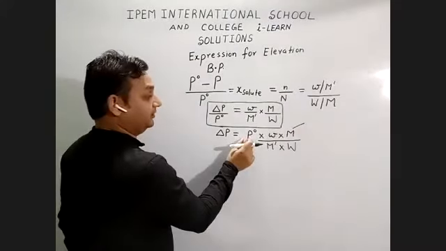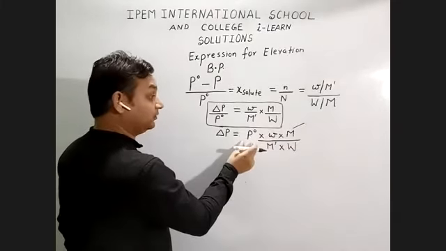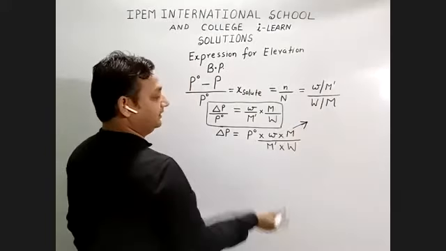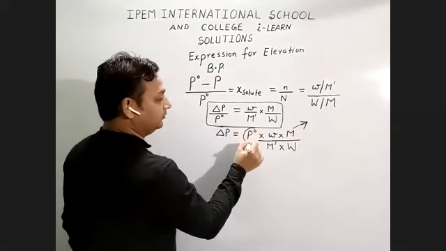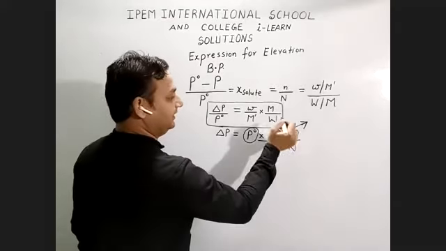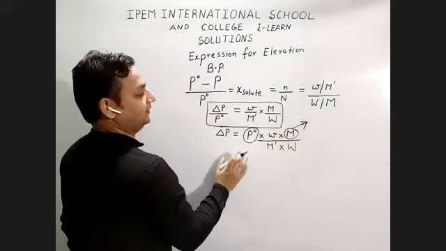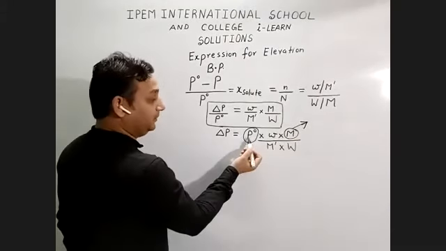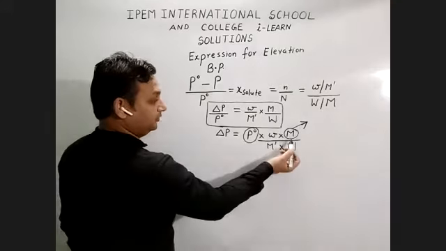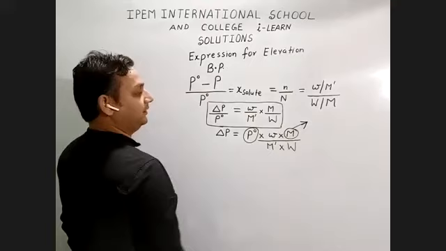This is the vapor pressure of the solvent, and this is the molar mass of the solvent. We talk about the pure solvent. So for any pure solvent, this P naught value, say for water, it is fixed. Water is 18. So these two, the molar mass and P naught, the vapor pressure of a pure solvent, are constant for a pure solvent.